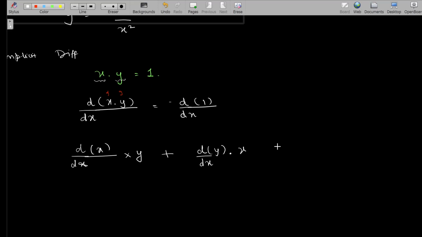This is the product rule, equals the derivative of 1, which is 0. Okay Anika, then tell me what will be the derivative of x with respect to x.